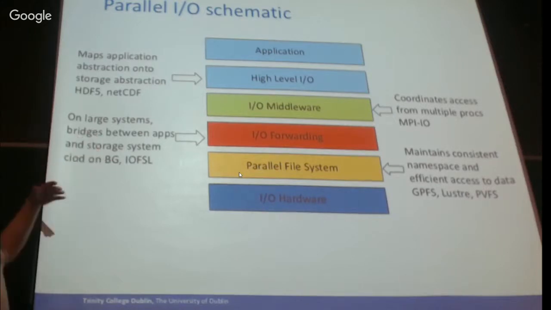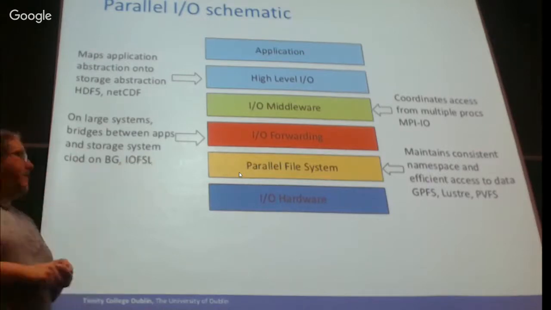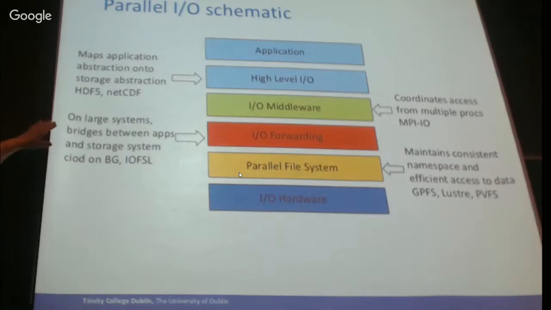Effectively you say, for these 20 or for these 100 clients, send all of your I/O to this point. That I/O will then all be aggregated in some sensible way, and then just the I/O servers will actually talk to the disk server. So you're not having hundreds of thousands of clients doing I/O together. You're having them batched together into hundreds at a time into one point, and then those points going out to the very end. But that's only on very large systems.